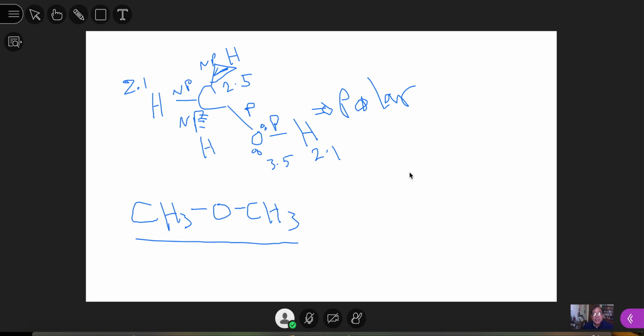So CH3, draw the structure. H, C is on the plane, O, and this is our hydrogen. We're in the three-dimensional structure, right? And H, so that's a CH3.